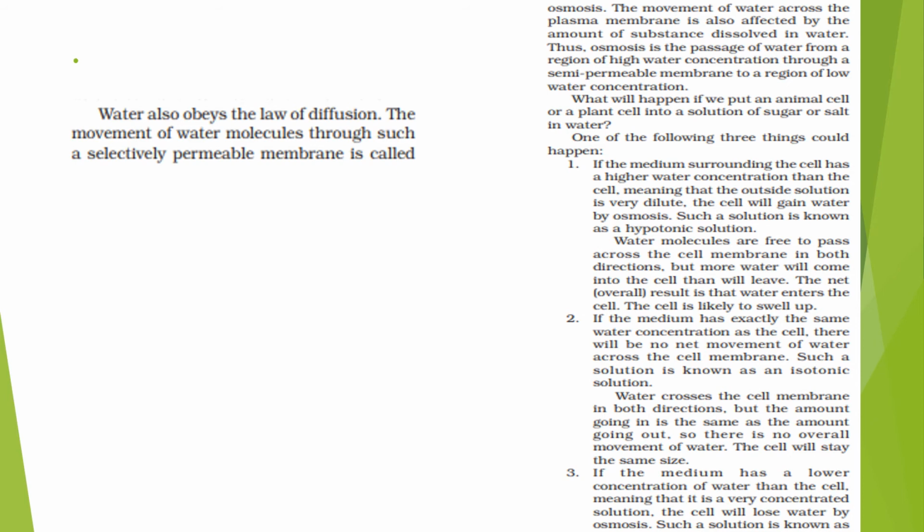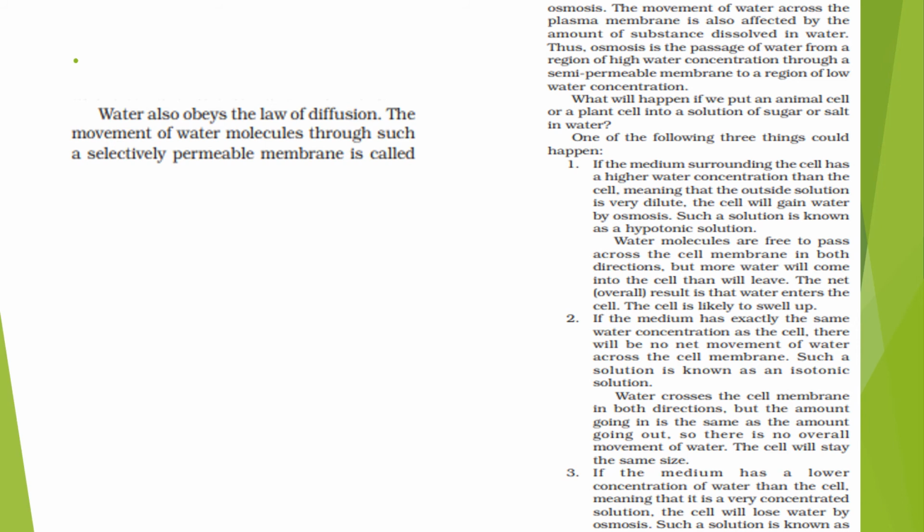This kind of solution is called a hypotonic solution. Again, if the water concentration is more outside of the cell and less inside of the cell, then water will move from the higher concentration to the lower concentration by osmosis. In that case the cell will gain water, and this kind of solution is called a hypotonic solution.